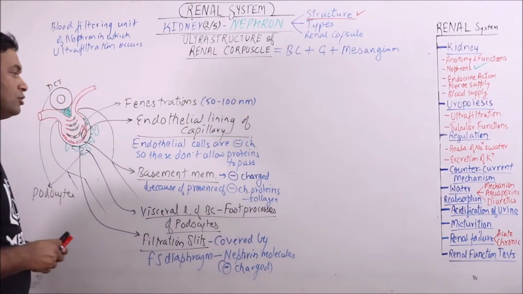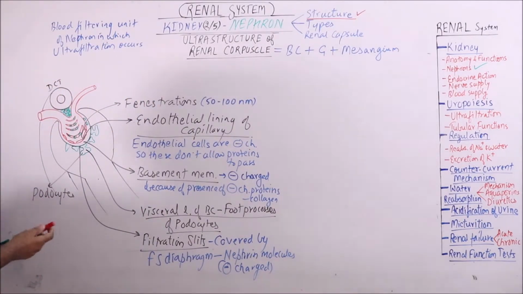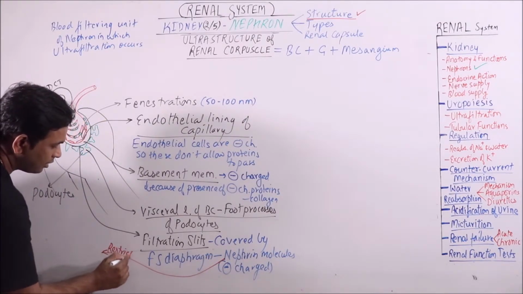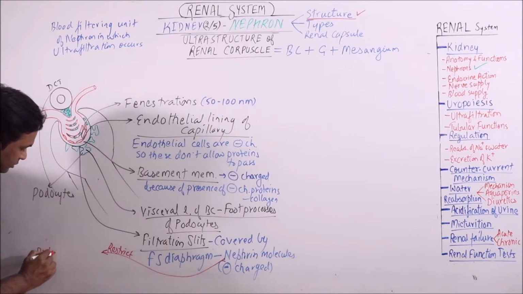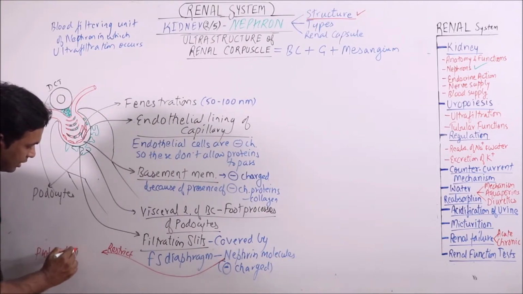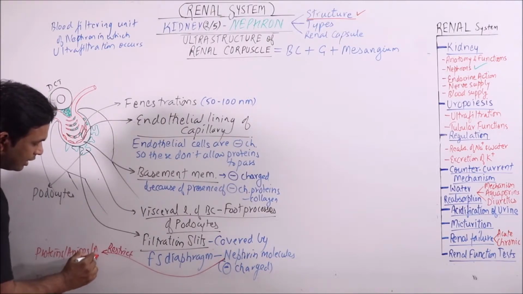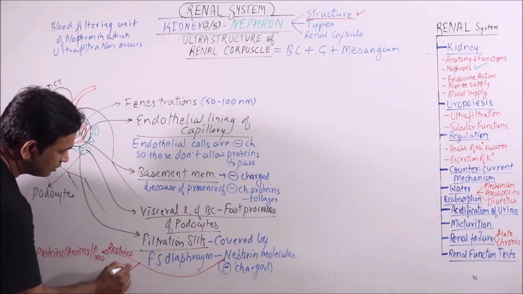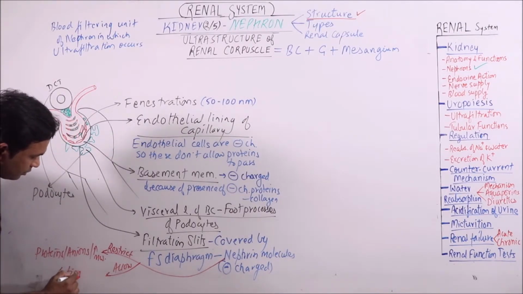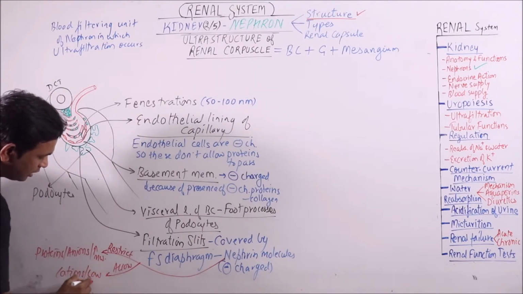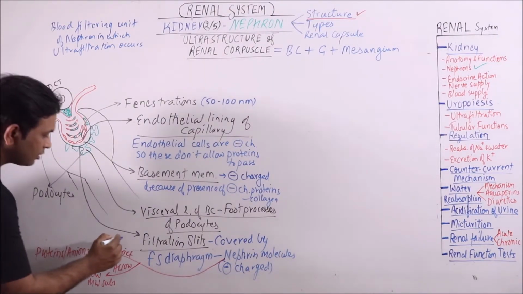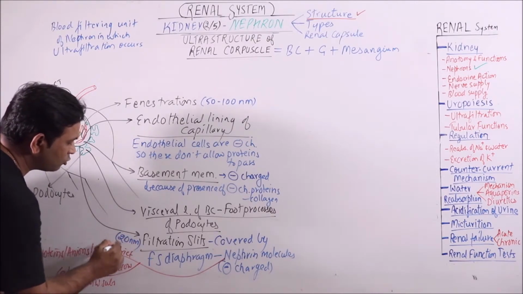And these nephrin molecules restrict the proteins, the anions, and the high molecular weight substances, while these allow cations and low molecular weight substances. The filtration slits have diameter of about 20 nanometer.